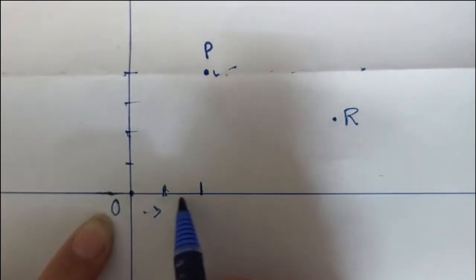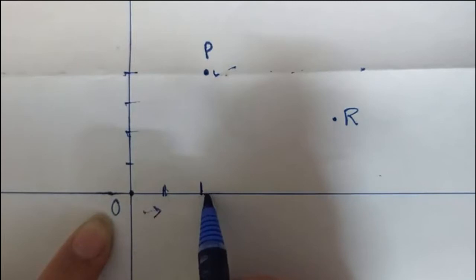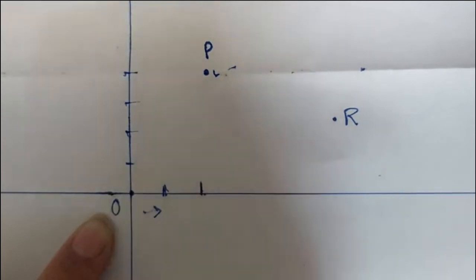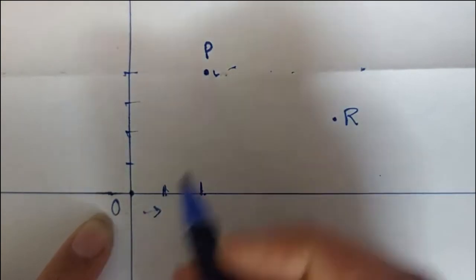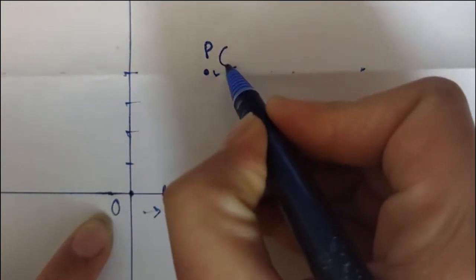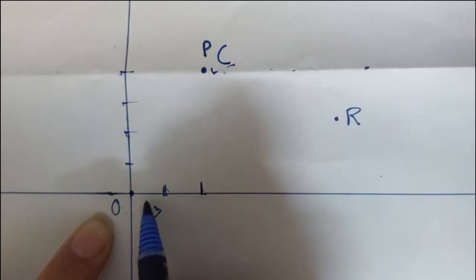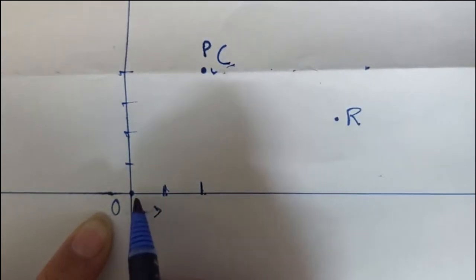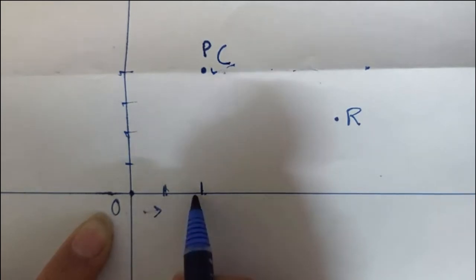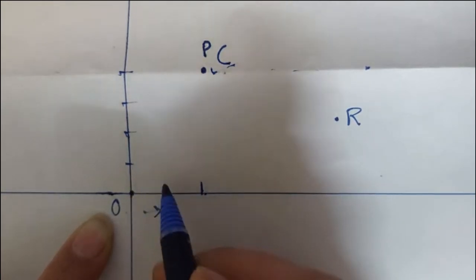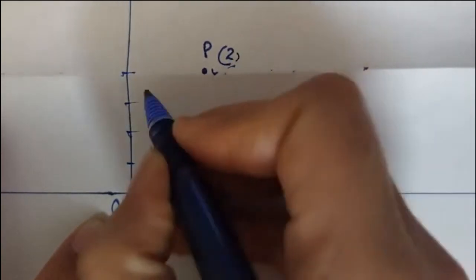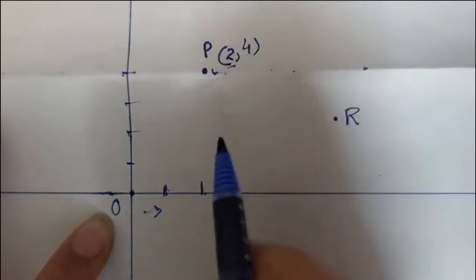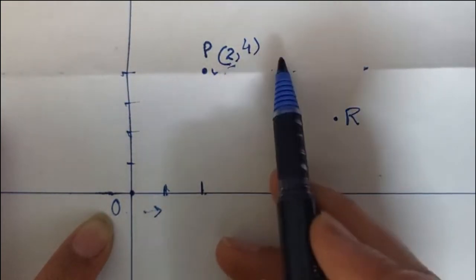So you have to go 2 steps forward and then 4 steps upwards. So the position of this point with respect to O is given by, conventionally, first the right side distance and then upwards. So this is 2, 4. It is never given by 4, 2.